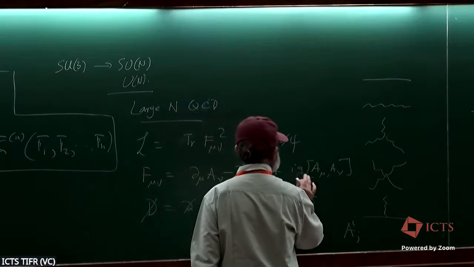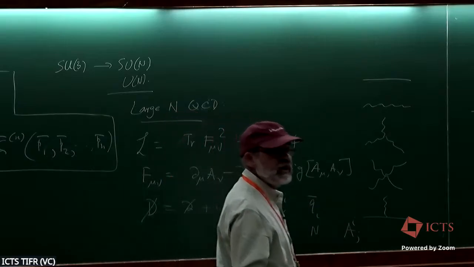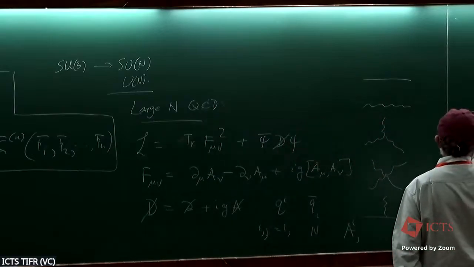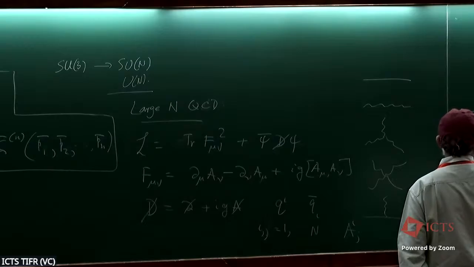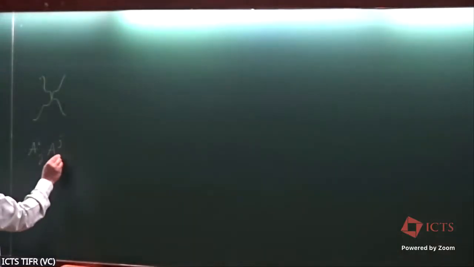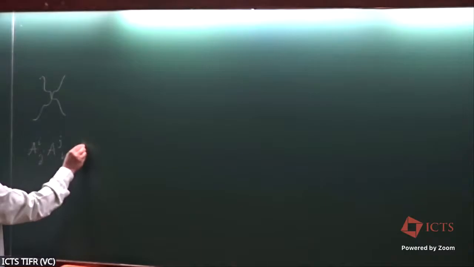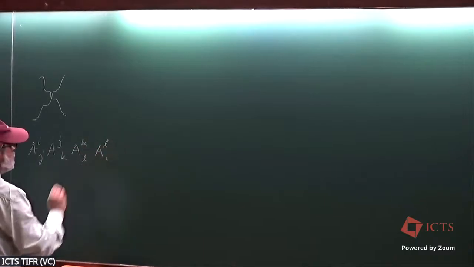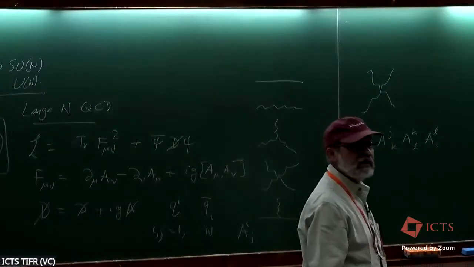So you get g squared times A to the power 4, and there's a trace. What does trace mean? Trace means the following: A^i_j, A^j_k, A^k_l, and A^l_i, and it comes with the g squared.